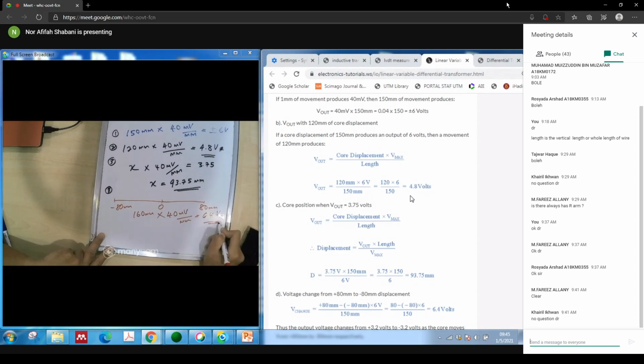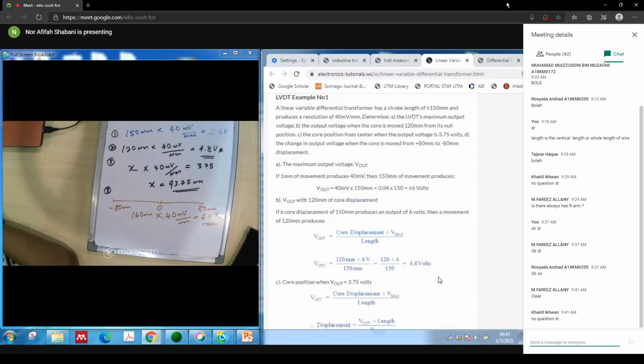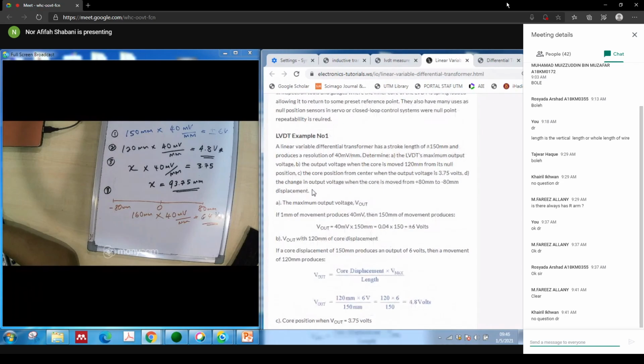So this is the range. It will move to here and to here. So this is the voltage change: the change in output voltage when the core is moved from plus 80 to minus 80 displacement.